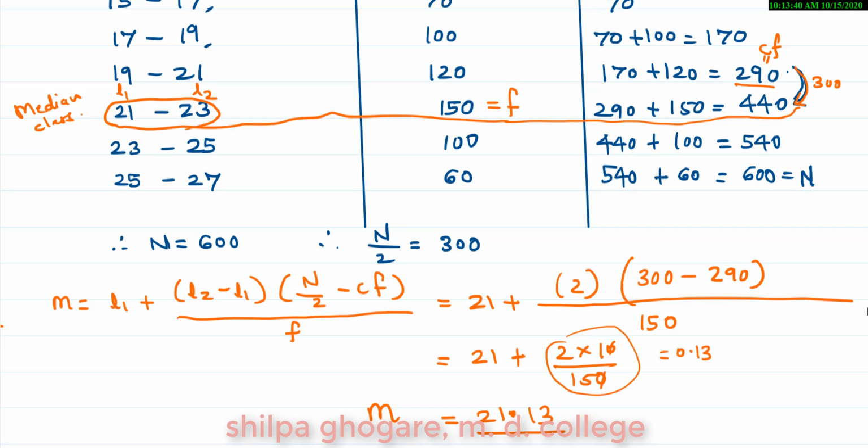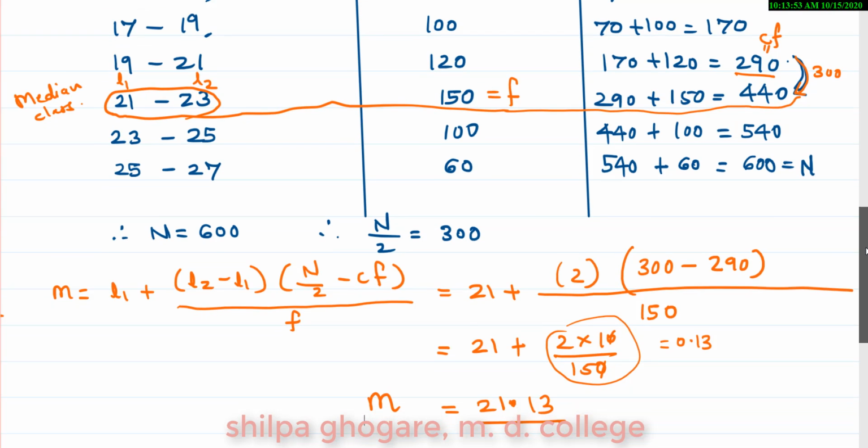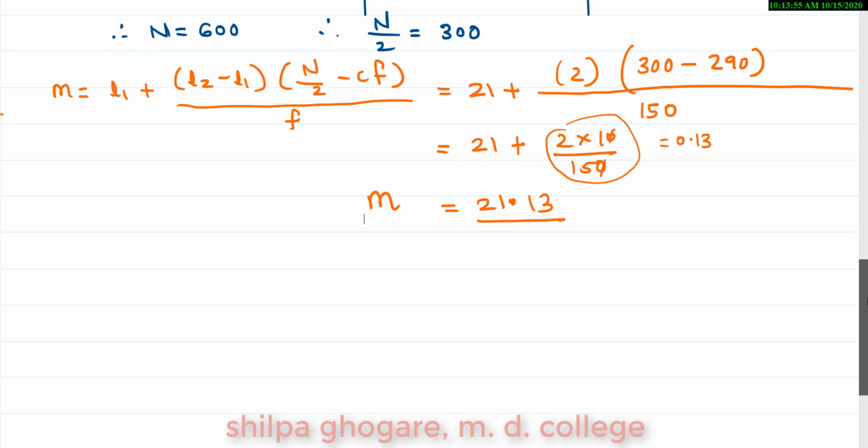But if I ask you to write the answer in terms of the question given to you, the question is about the monthly income in thousands of rupees. And that is why if you want to give the answer in word form, it will be written like this. Therefore, median is 21.13, but since it is in thousands, I am multiplying by 1000 again. Do you know how to multiply by 1000?